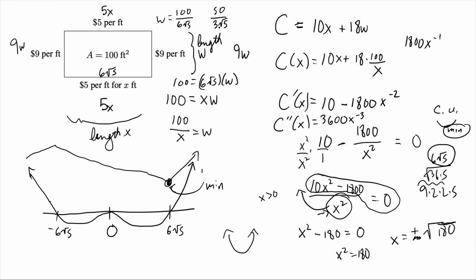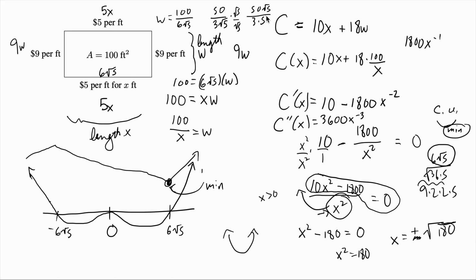But for those that like to change it, you could multiply top and bottom by root 5. Then in the denominator you'd have 3 times the square root of 5 times the square root of 5, which just gives you 5, so 3 times 5, and 50 root 5 on top.